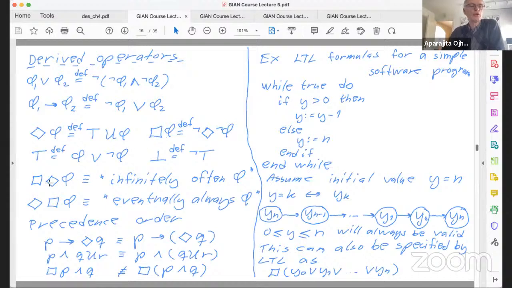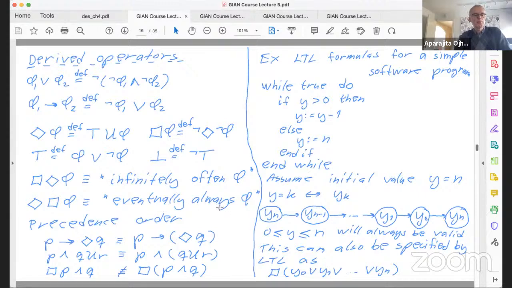And then we can also define true as phi or not phi, and the negation of true is false, or the negation of a tautology is a contradiction, and that is defined as not true. And then we had infinitely often and eventually always phi.